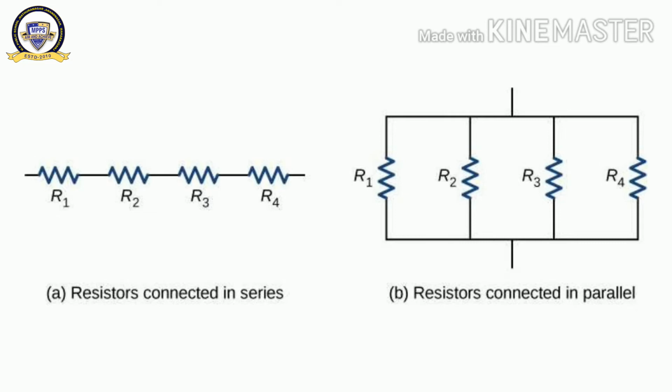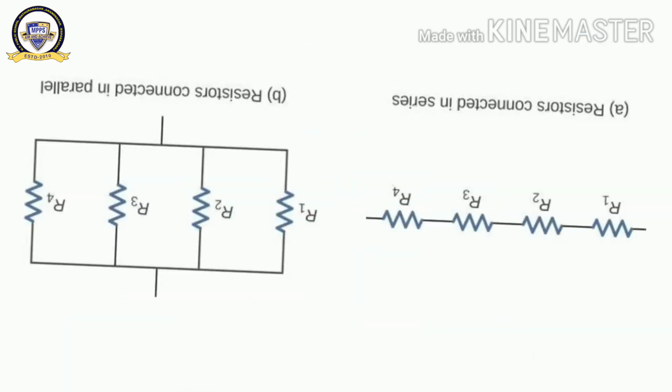Now in the second case, the first ends of all resistors are connected to one point and the second ends of all resistors are connected to the other point. Hence we can say that the second figure has a parallel combination.